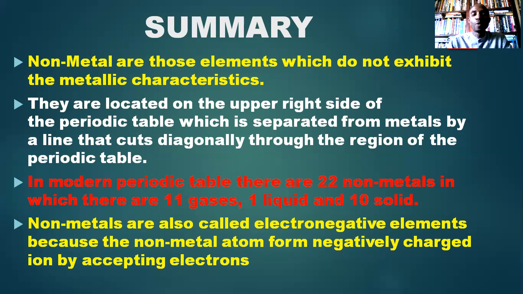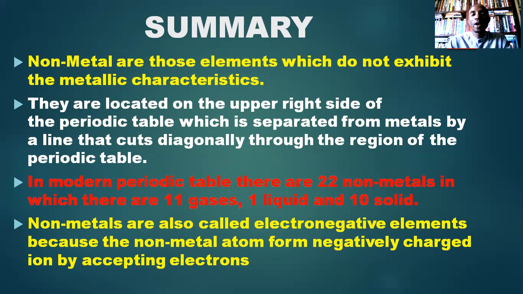In the modern periodic table, we have 22 non-metals: 11 are gases, 1 is liquid, and 10 are solids. The non-metals are also called electronegative elements because non-metal atoms form negatively charged ions by accepting electrons.